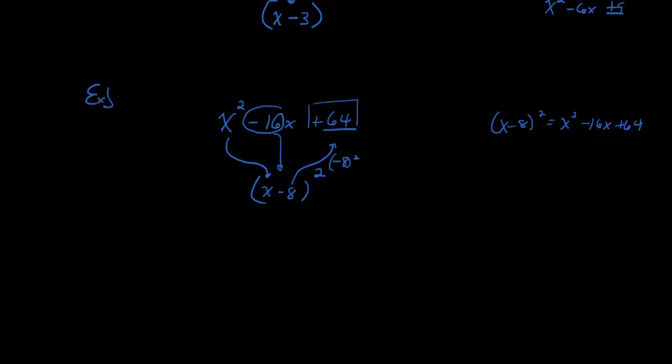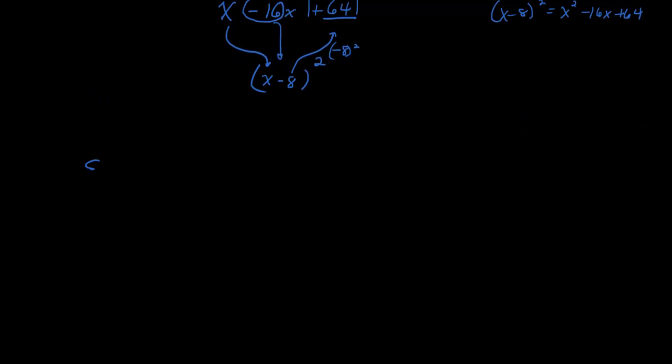Let us try another example. Let us say I gave you x squared minus 5x. Now let's do plus 5x. X squared plus 5x. What would that constant be that we'd have to add in order to have a perfect square? Hopefully we recognize that this will be something quantity squared. My first term is going to be a value of x. I'm going to have to take this value and divide it by 2.